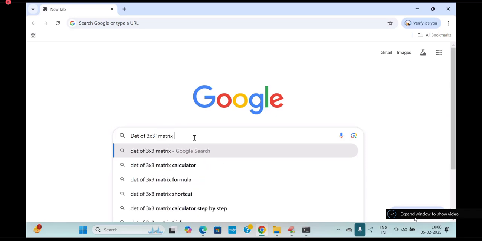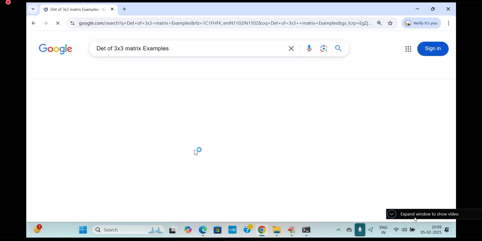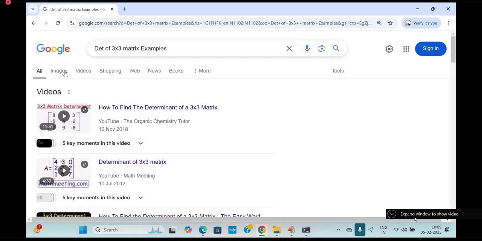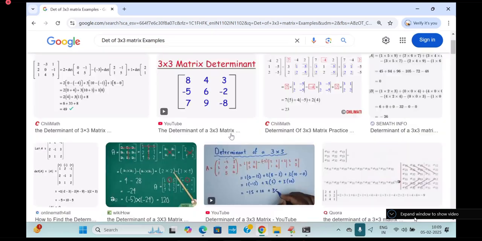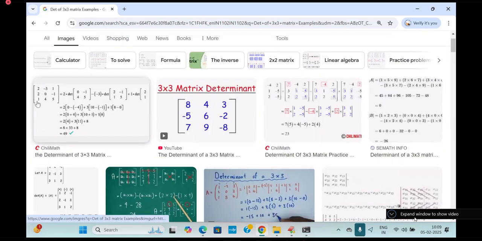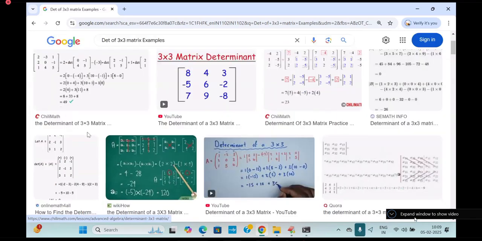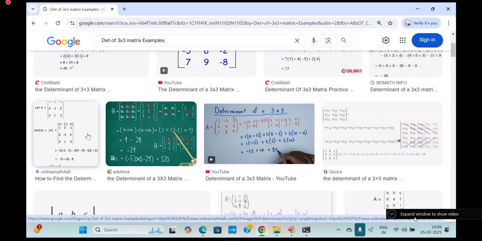Determinant of this matrix, I will take it. So take this data, you remember: 2, minus 3, 1. This example you remember, I will try to write it. This answer you need to get. What is the answer here? 49, they are saying. 49. Are you following me? So I need to go for that 49.